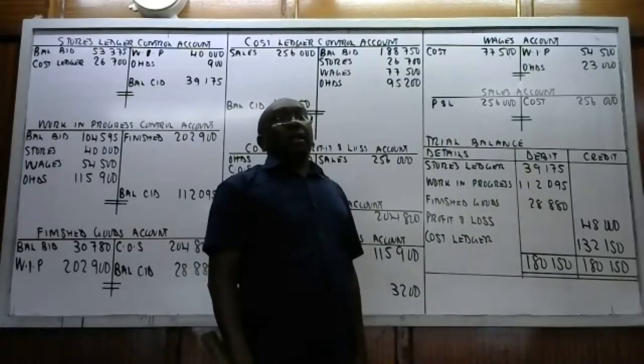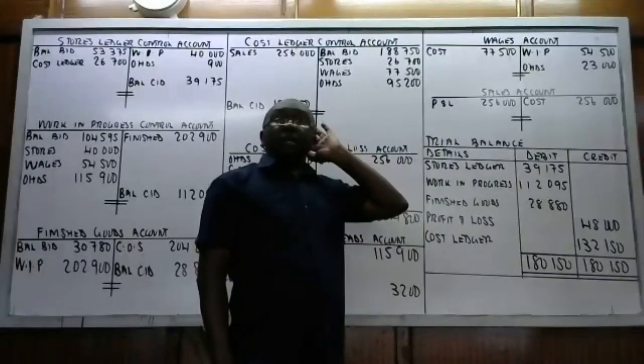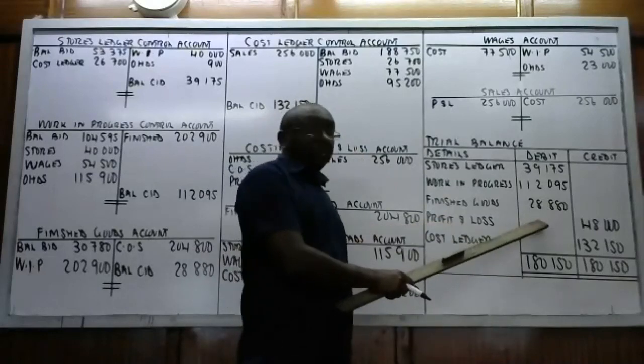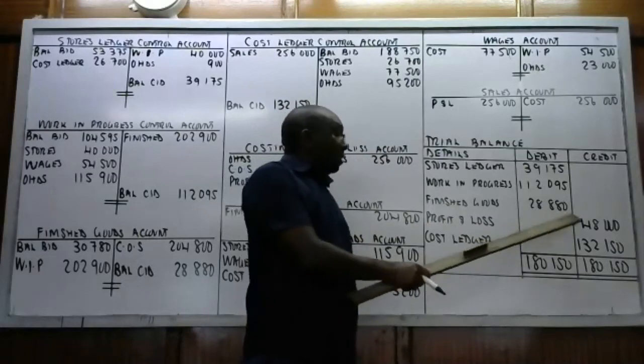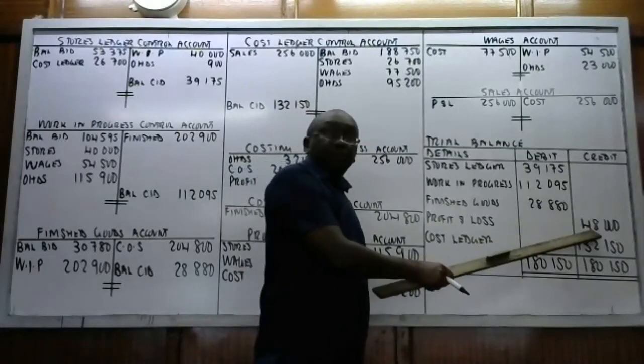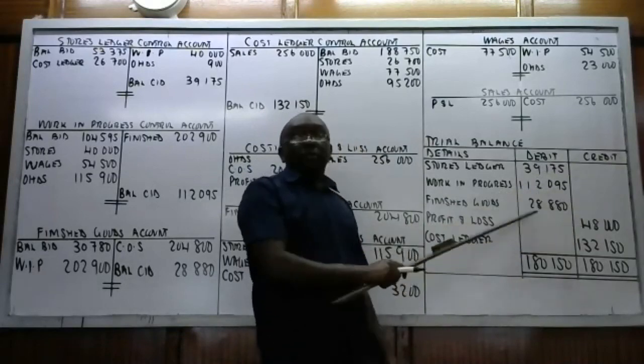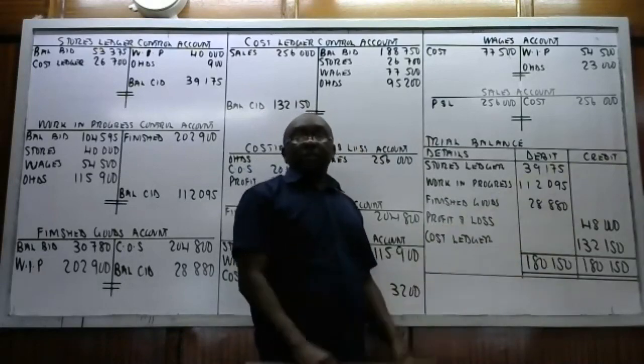The second thing is this P&L can be either debit if we made a loss, or credit if it is a profit, depending on whether you made a loss or profit.